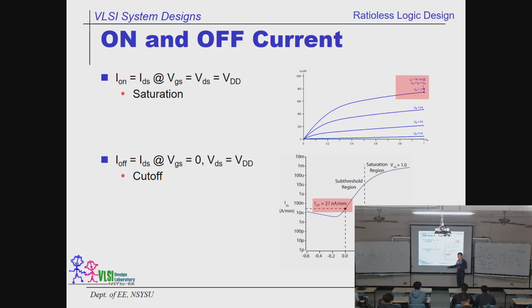Why is it meaningful? Because right now, if the number of transistors in your design is over 10 to the 9th, then all the leakage currents add up together to become 1 amp. 1 amp is large. You're doing nothing, you just waste 1 amp all the time. That's scary. Do you know how much current you need in your house?